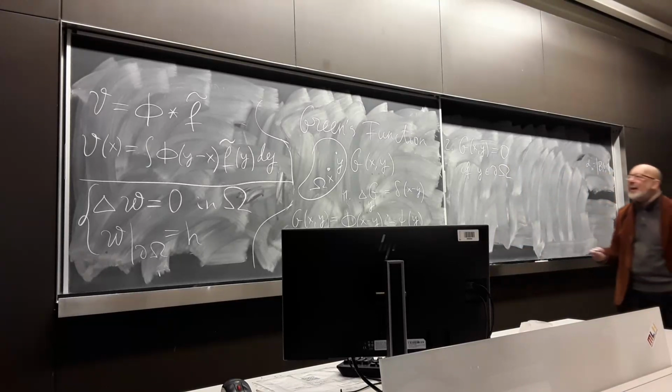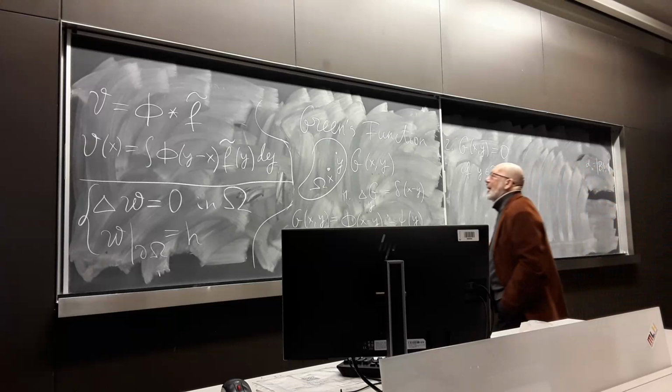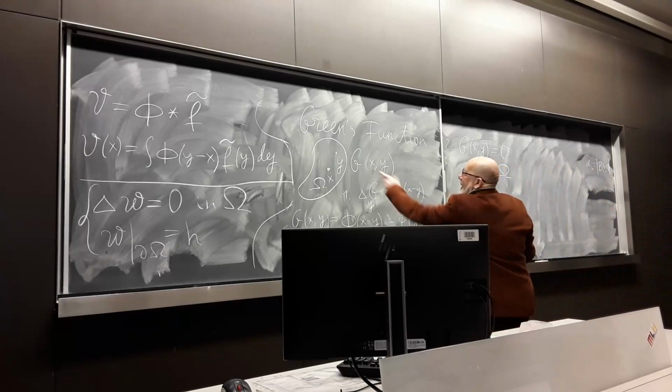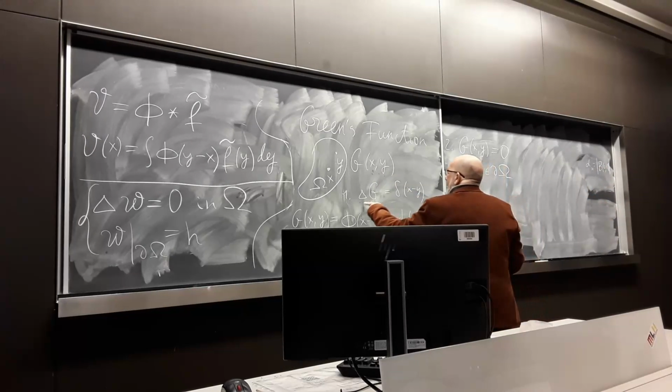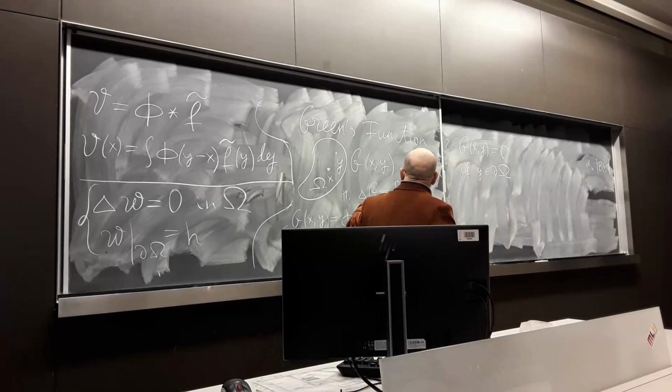So g of x, y is a solution, if we fix x, of the following boundary problem: for fixed x, it is a function such that its Laplacian is the delta function at a given point x, and it is 0 on the boundary.